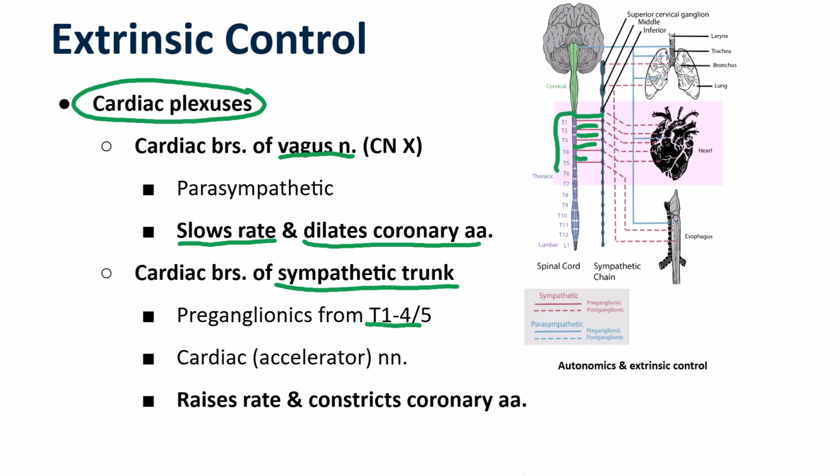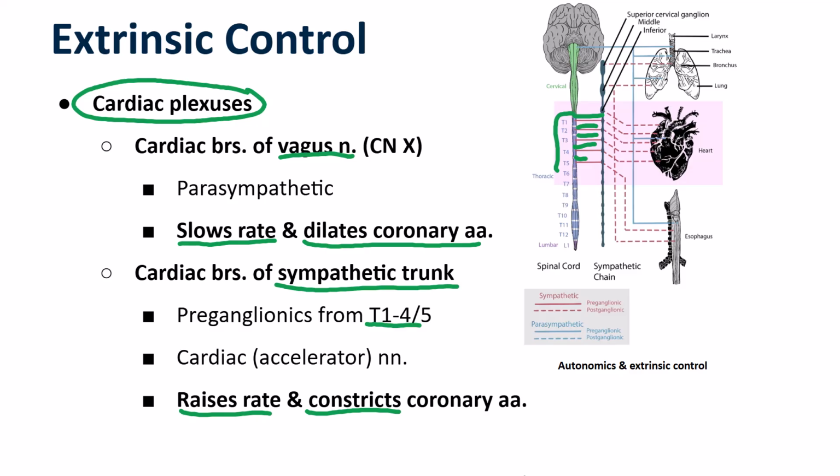And then from the trunks, we have cardiac accelerator nerves. These cardiac accelerator nerves then participate in the cardiac plexuses. And with sympathetic stimulation, we have an increase of rate. And while we have some constriction of the cardiac vessels, there is some beta 2 dilation with it.